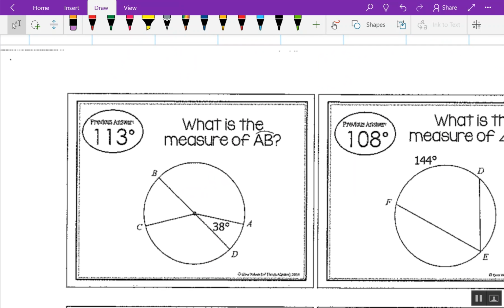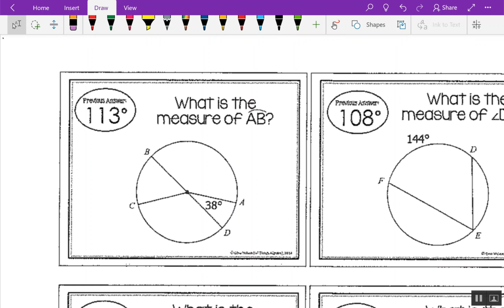We're moving on to the next handout. Fourth period. Thank you. Let's move on to the packet.